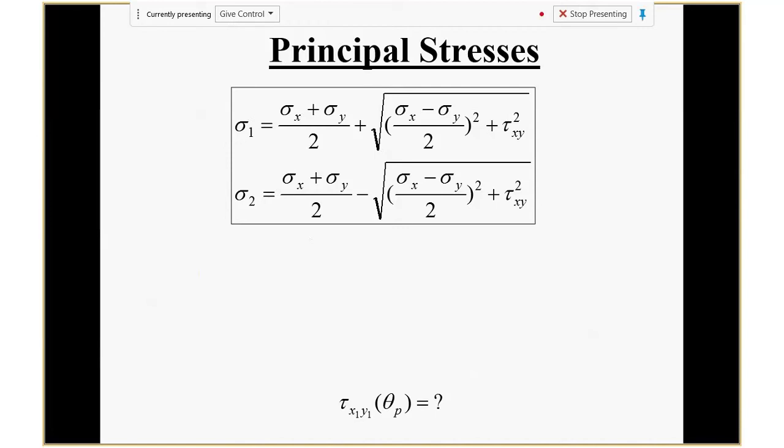Sorry, let me take this back. Let me draw it here. It's better to draw this. If I go to this theta p direction, this is the theta p angle. You're going to have sigma 1 here, and there's no shear on this surface. So that's the first solution, which we call sigma 1.